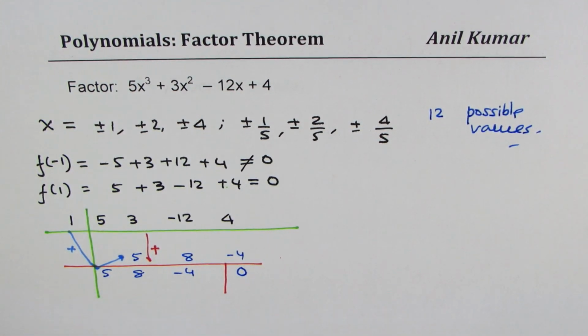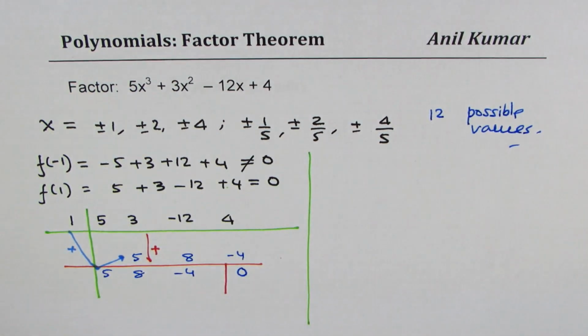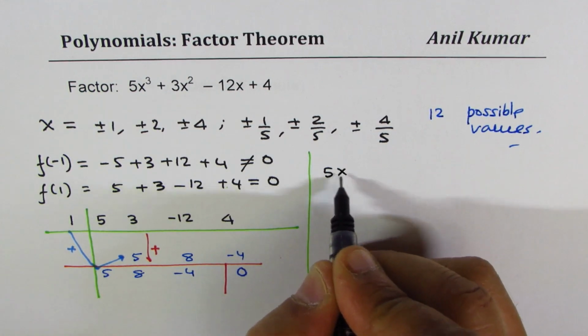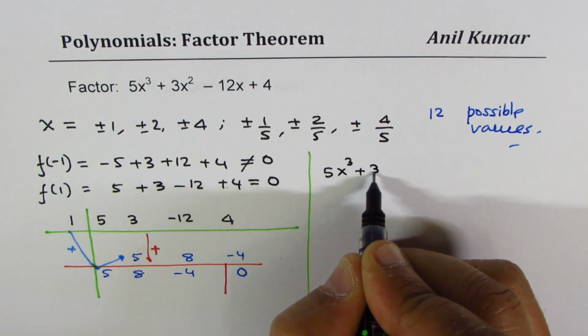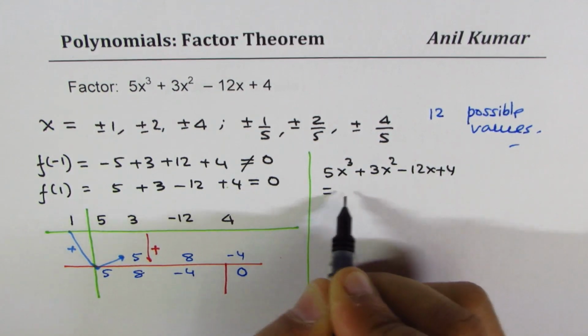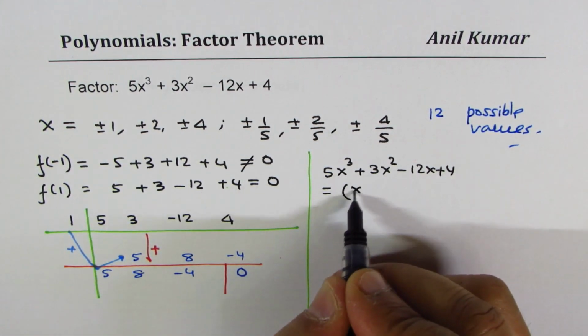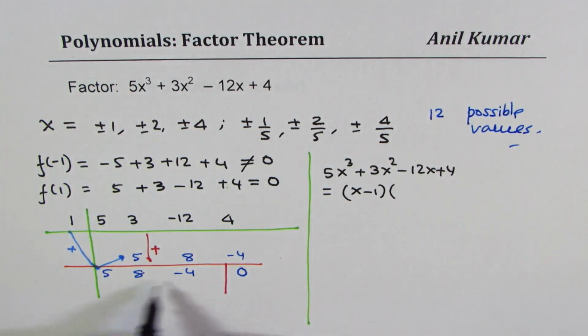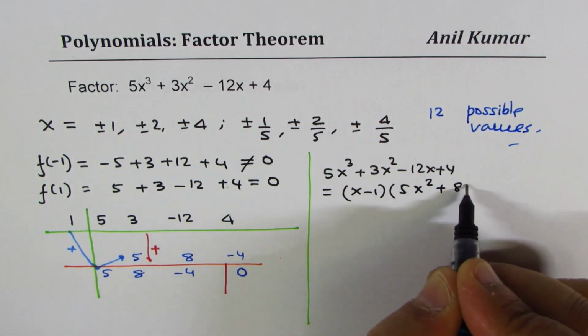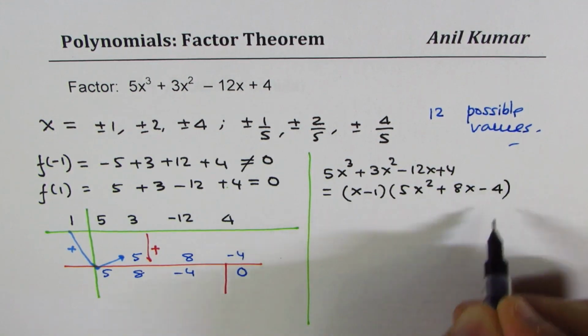But this gives you a quadratic function, right? So we can now continue to write 5x cubed plus 3x squared minus 12x plus 4 as equal to x minus 1 times this quadratic function, which is 5x squared plus 8x minus 4, right?